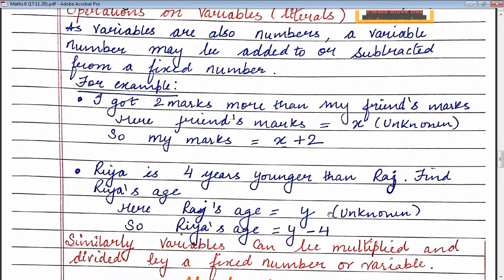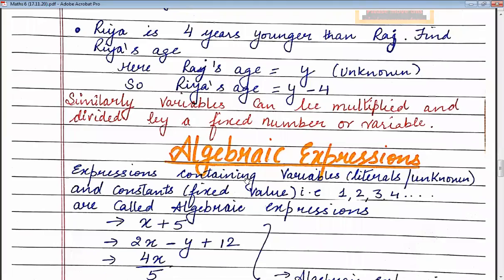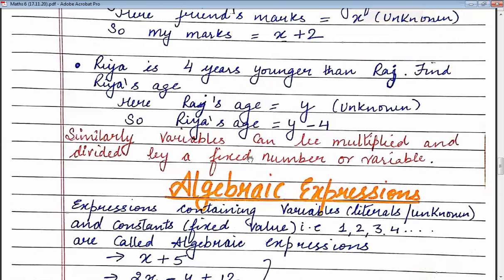So now children, the way we have added and subtracted, in the same way we can multiply and divide a variable by a fixed number or a given variable. Now children, let us move on to another very important topic, that is algebraic expression. Before going further, let us discuss what is an algebraic expression.